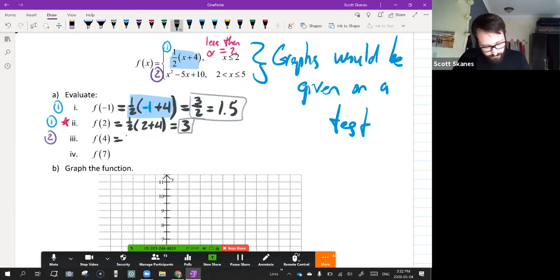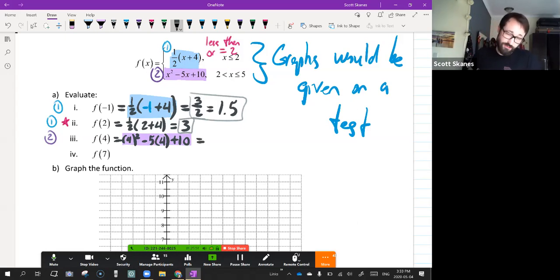It's now 4 squared minus 5 times 4 plus 10. If you're confused, note that this one is this one. Try not to get confused by the colors. I try to make the colors logical. What is our answer here? 4 squared, 16 minus 20. 16 minus 20 is -4, plus 10 must be 6.